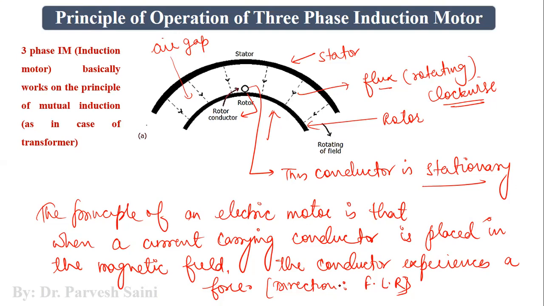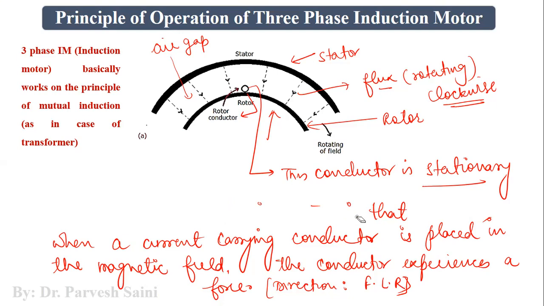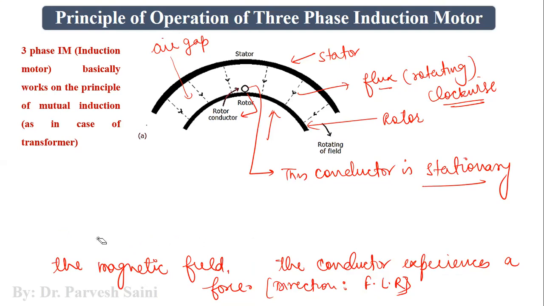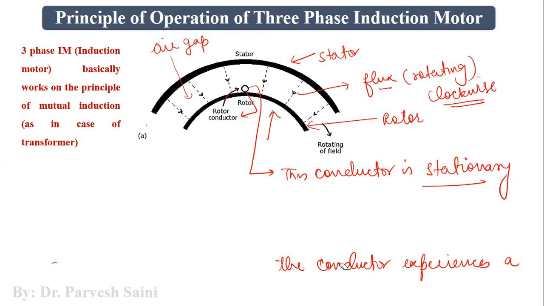Now in a three-phase induction motor, we do not give current to the rotor. Then how do we get the rotation? This is the question. What is that factor which makes the rotor of a three-phase induction motor rotate?